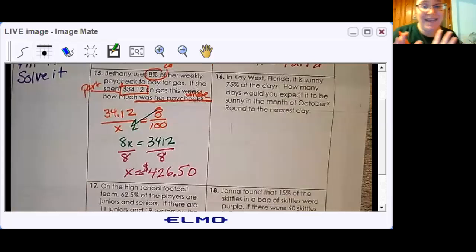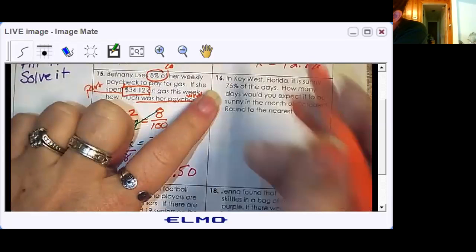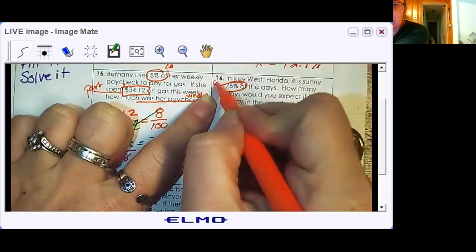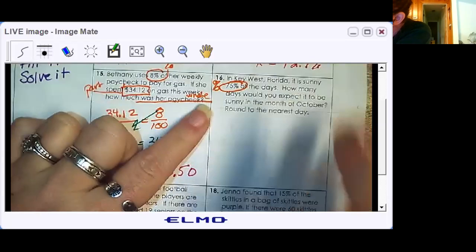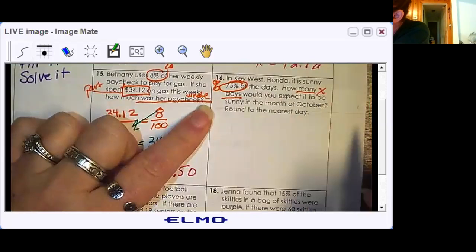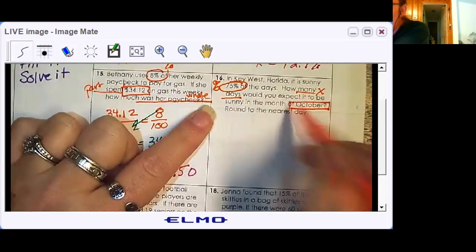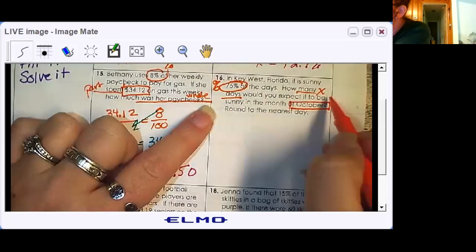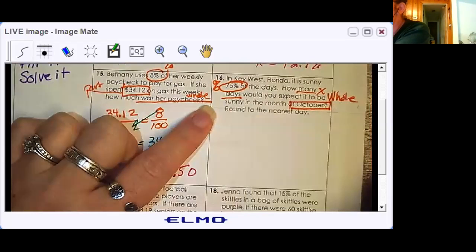Well, let's look at what it gives us. Okay, it's sunny 75% of the days. Okay, so there's my percent. How many days, so that's going to be my X, would you expect it to be sunny in the month of October? Well, if I'm talking about the month of October, this is my whole. But does it tell me how many days there are in October?